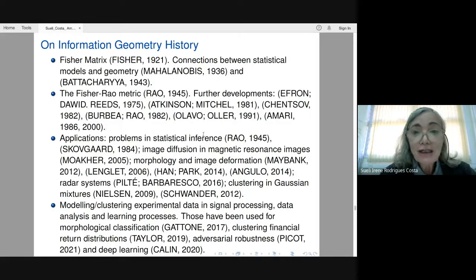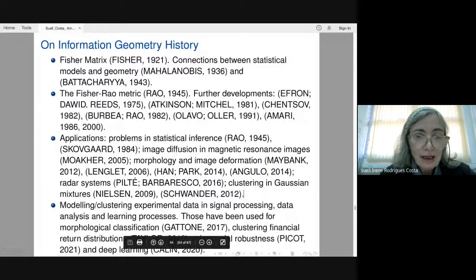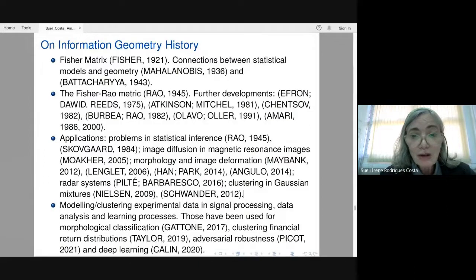Application problem in statistical inference, Rao 1955. Then we have image diffusion, magnetic resonance image, morphology in image deformation, some applications that came along the years. I just set some focus on those I mentioned here: modeling clustering of experimental data in signal processing, data analysis, and learning processes.